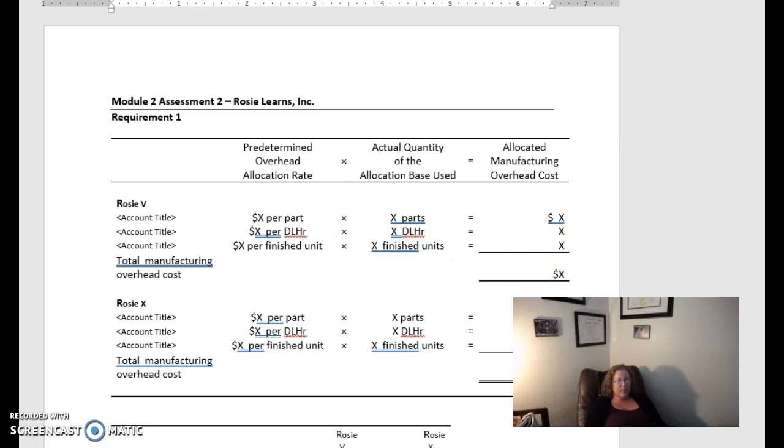And just remember, I will caution you, that on the Rosie 10, there is no finishing work.